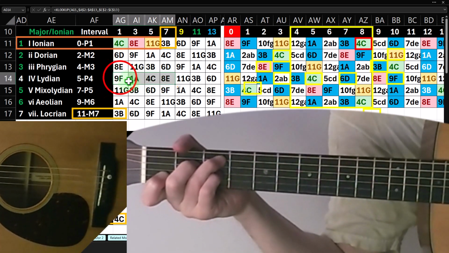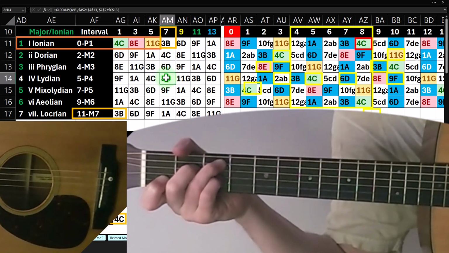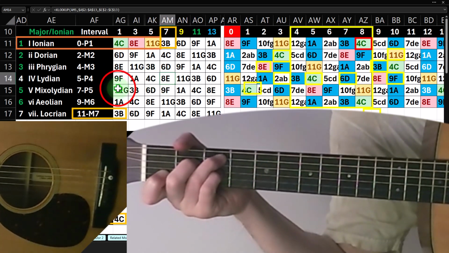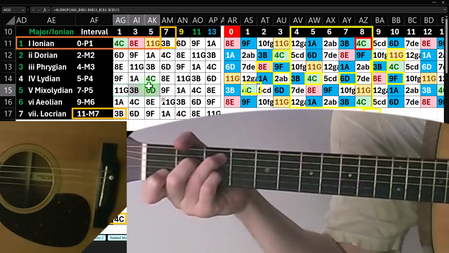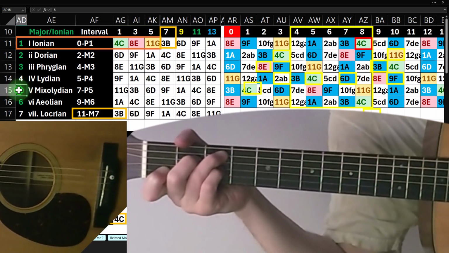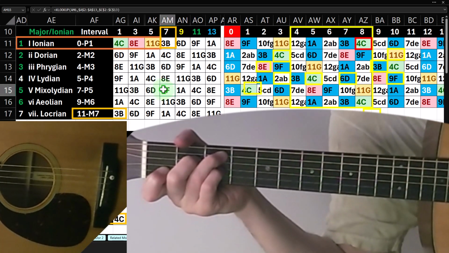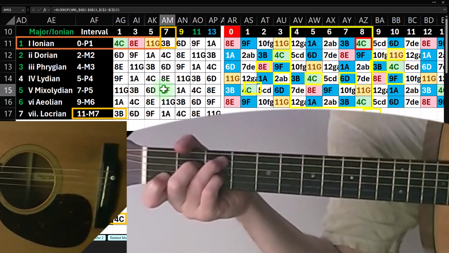Now, the 2 happen to have the same 1, 3, 5 relative positions, as well as the 7 for the Lydian, but then when I go to the Mixolydian, again, instead of saying I'm going to go to the 5, which is a Mixolydian modal chord if I want to stay in the same key, which means that I can't play the same shape, I would have to play a flat 7.